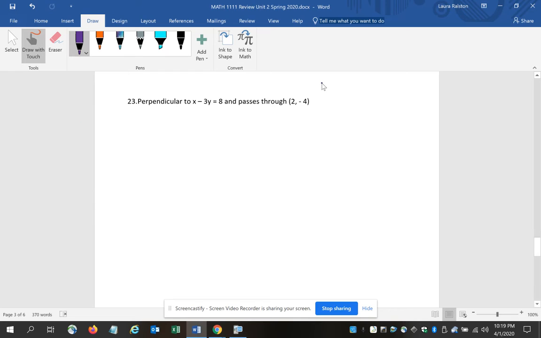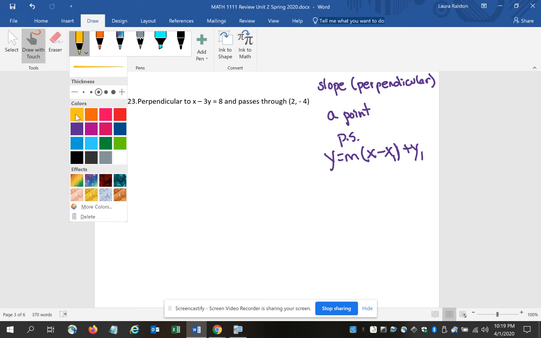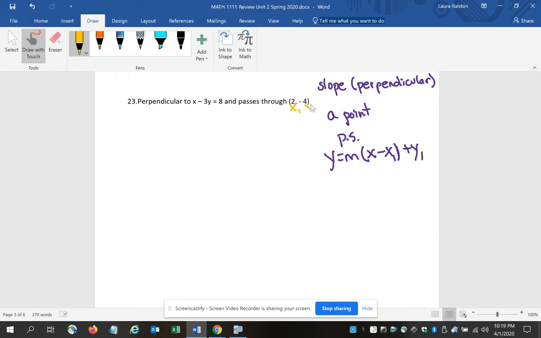So again, you need the slope, and specifically this time you need the perpendicular slope, and you need a point, and you need point slope, which is y equals m times (x minus x1) plus y1. So again, I start out, and they've given me the point. Okay, so I have x1, y1.